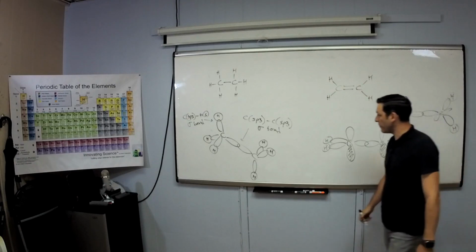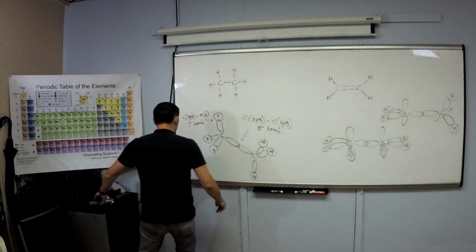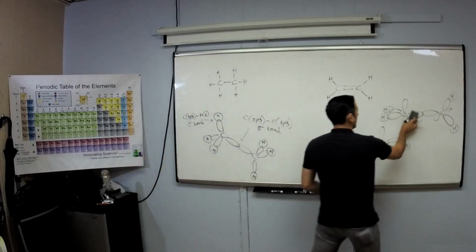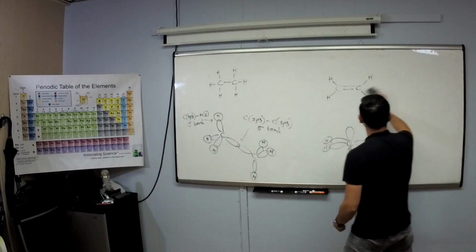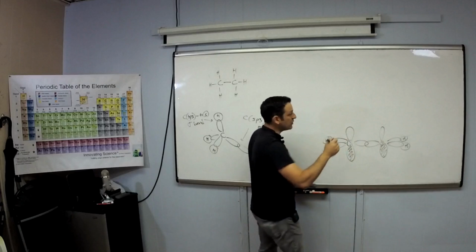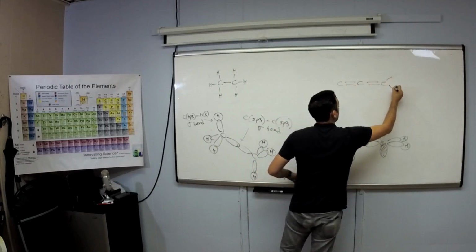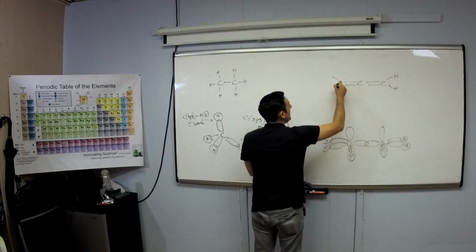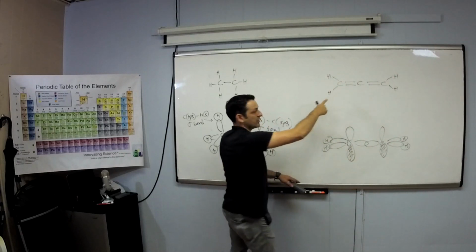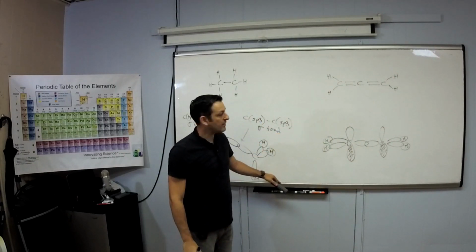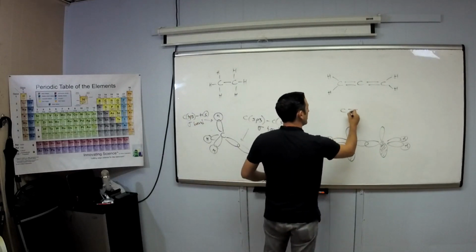So see if I taught you enough, I think I did, for you to work this out. Try to practice this on your own. See if you could figure out why this allene should not be drawn this way, the way that I'm drawing, but should actually be drawn this way.